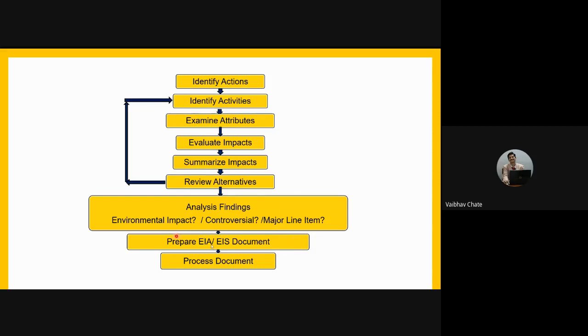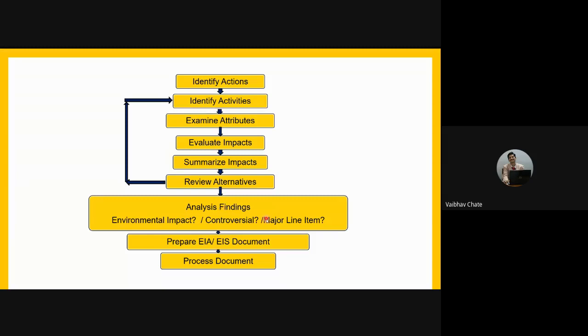The first question is whether it is going to have significant environmental impact, or whether it is going to be environmentally controversial, or whether the project and the alternatives are going to be the major line of action. If the answer to any of these questions is yes, we go for an EIS document. If the answer to all of them is no, we go for EIA.